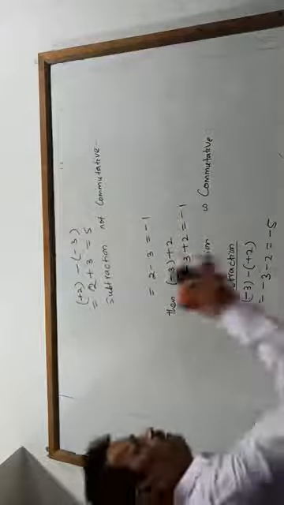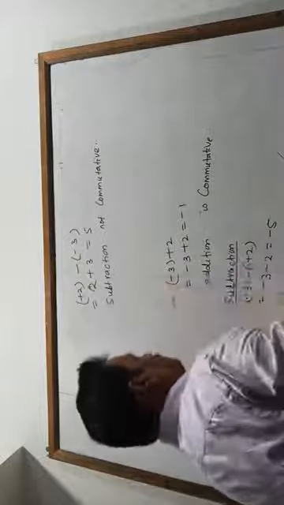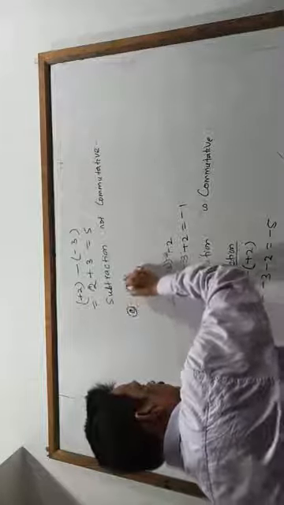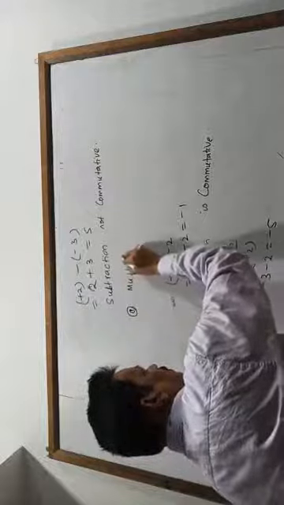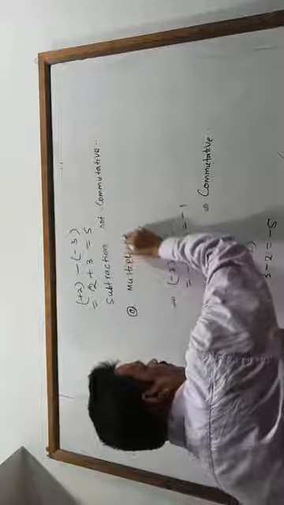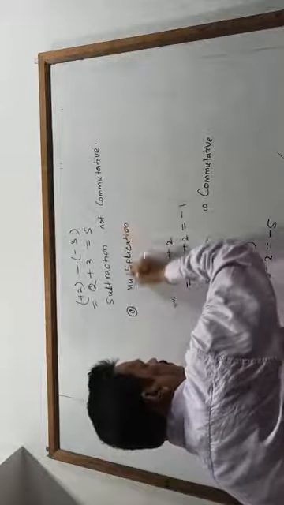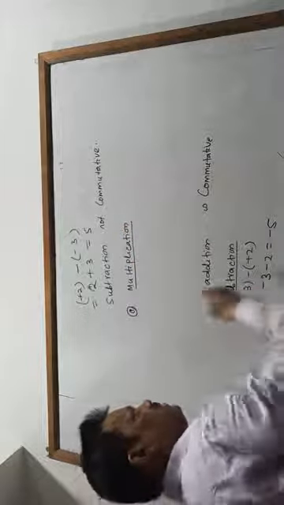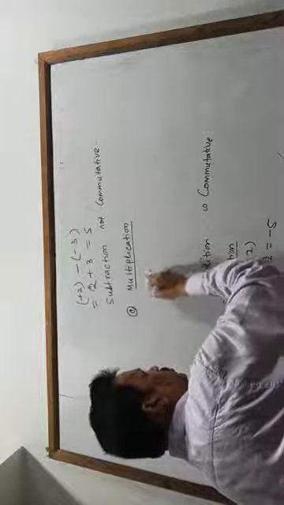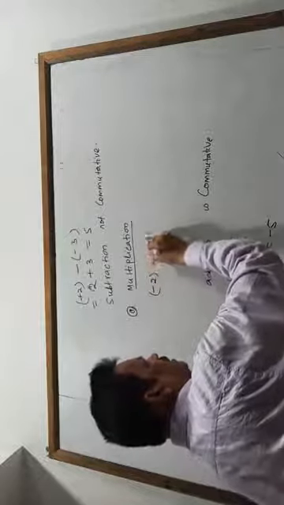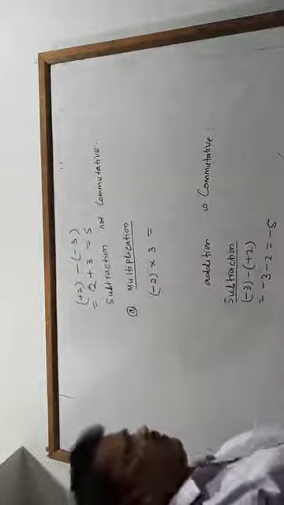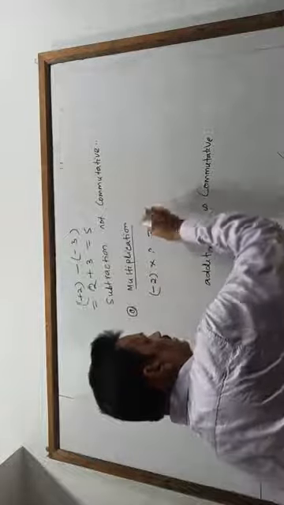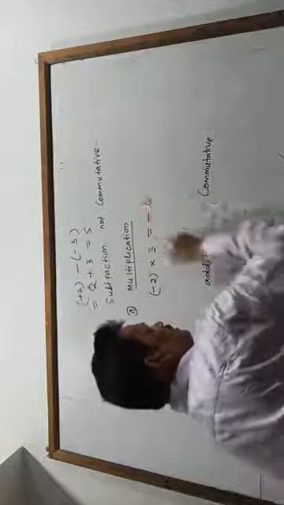Okay, then let's take multiplication. Multiplication means minus 2 into 3, suppose. Minus into plus is minus, 2 into 3 is 6.